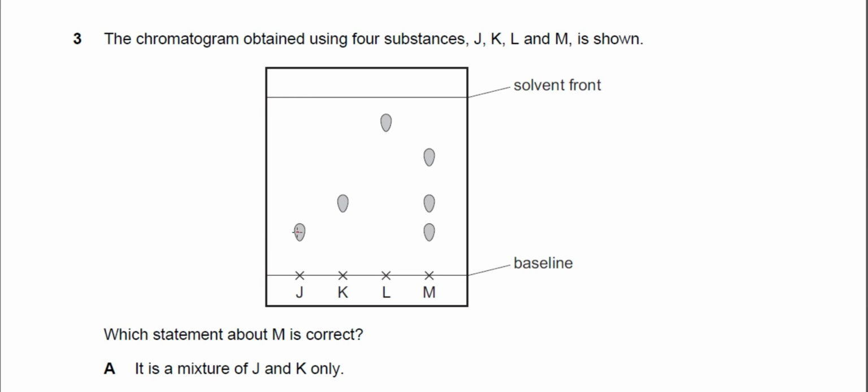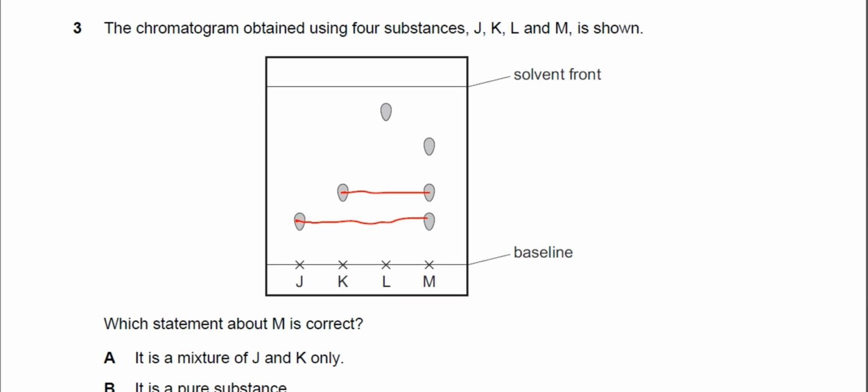But you can see J is present and matching in M, and K is totally matched, so J and K both are present in M. It is a mixture of J and K only, but this makes it doubtful, so we are not going to choose it. It is not a mixture of only J and K; there is one more substance, which is L.